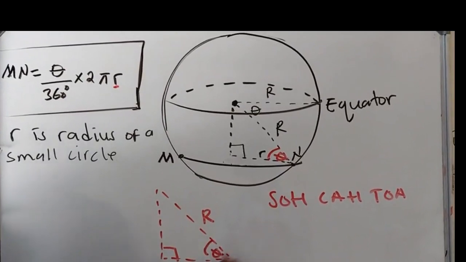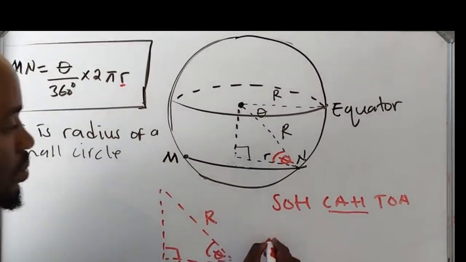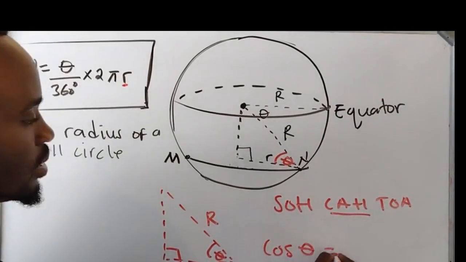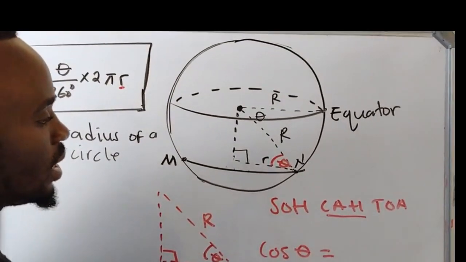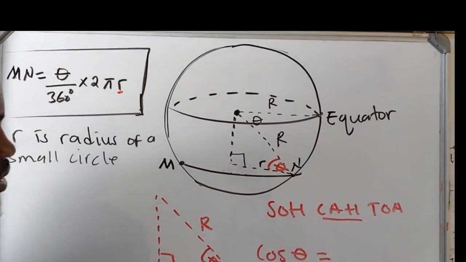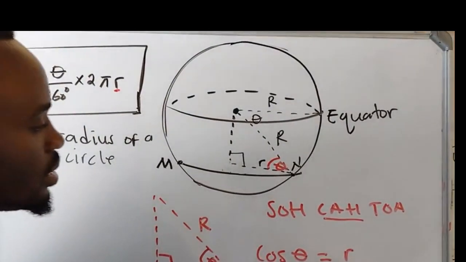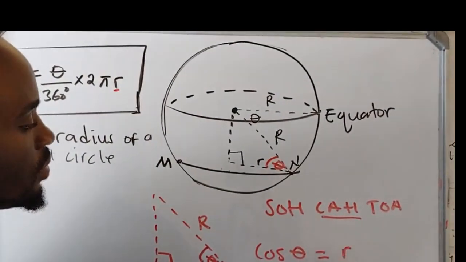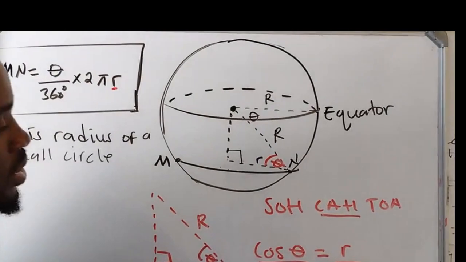We're going to apply cos theta equals adjacent over hypotenuse. Our adjacent is this value, and our hypotenuse is this. We want to find this, and this is the fraction, so we divide that by 1 so that it's also a fraction on this side.